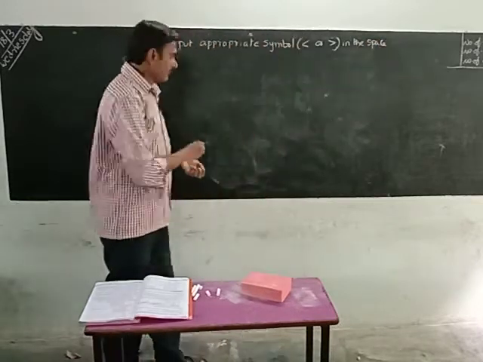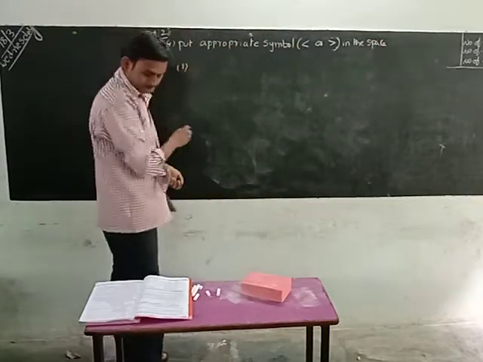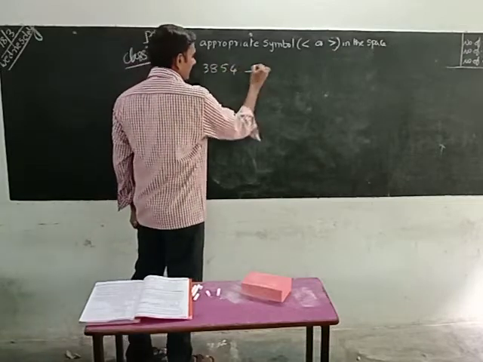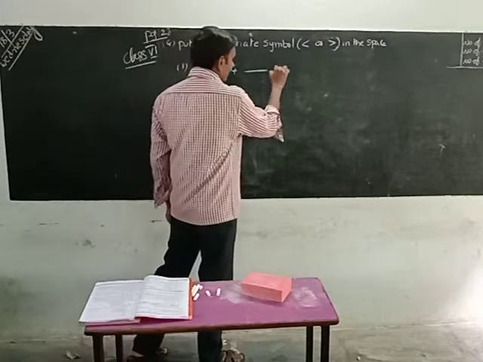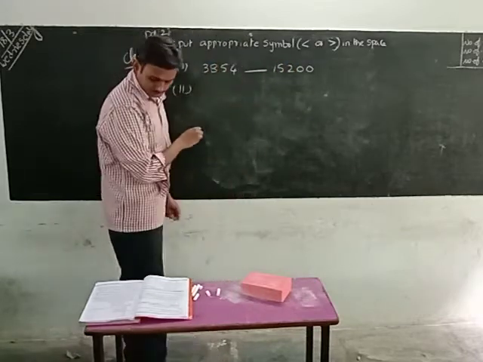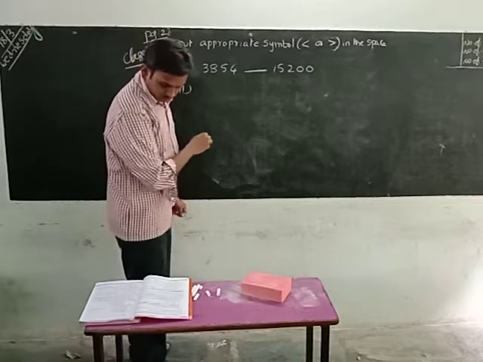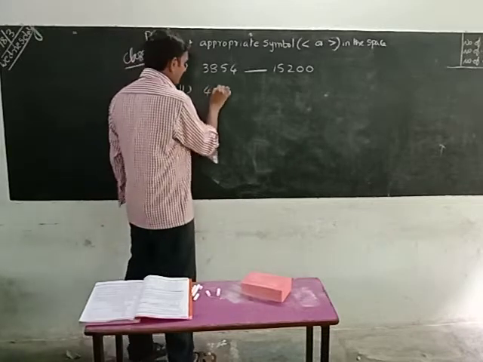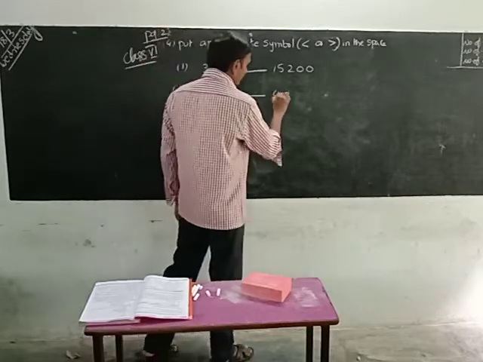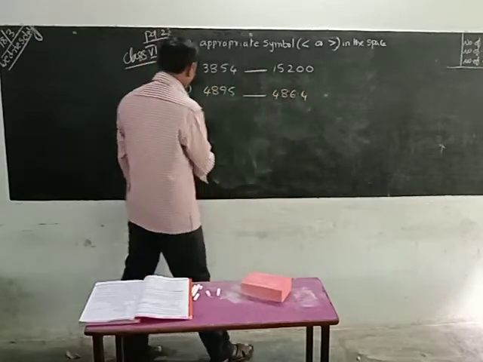Okay, what is the question here? First question: 3854 blank 15,200. Second one: 4895 blank 4864. Third one.